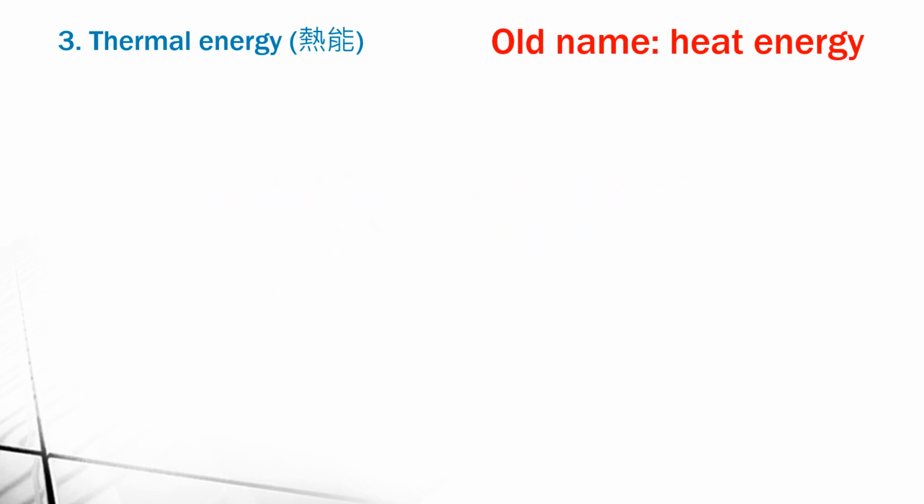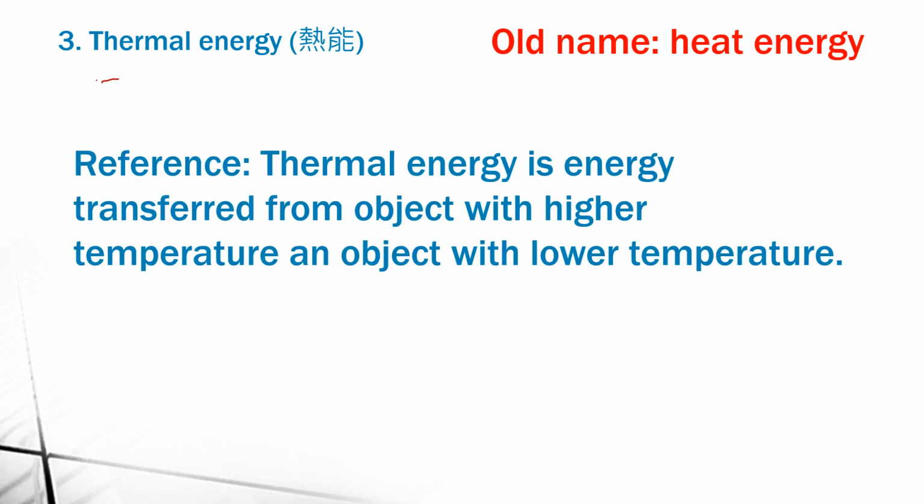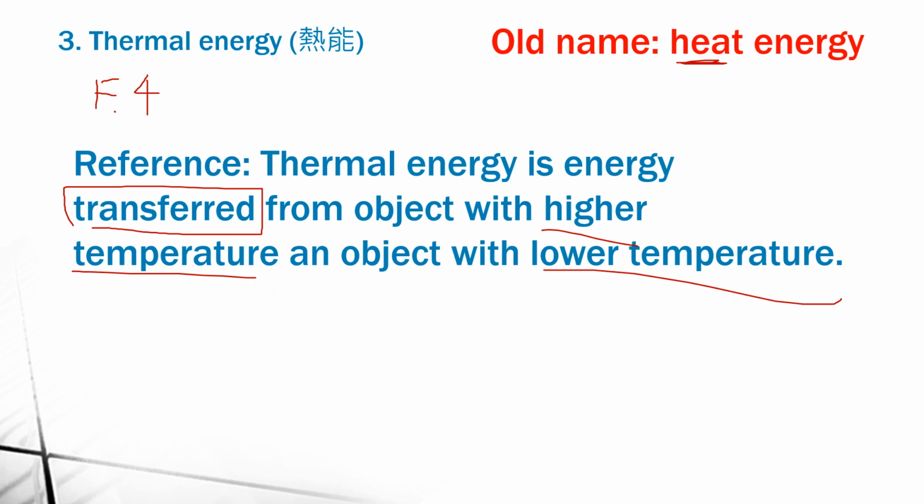To answer this, I give you some reference here. Actually, this is Form 4 level if you study physics. What is meant by heat energy for Form 4 students or thermal energy for Form 1 students? It is the energy transfer from an object with higher temperature to one with lower temperature.